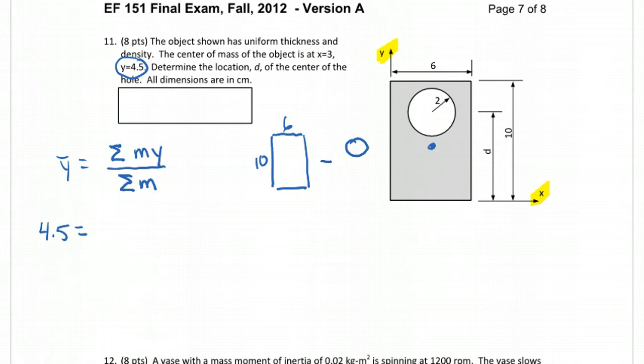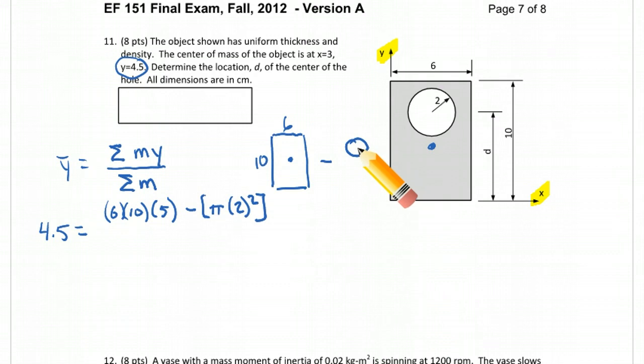The mass of the larger one is just its area, 6 times 10, and the location of its center of mass is halfway up in the y direction, so that's 5. And then we're subtracting out the hole. Its mass or area is the area of a circle, pi r squared, so pi times 2 squared is the area.